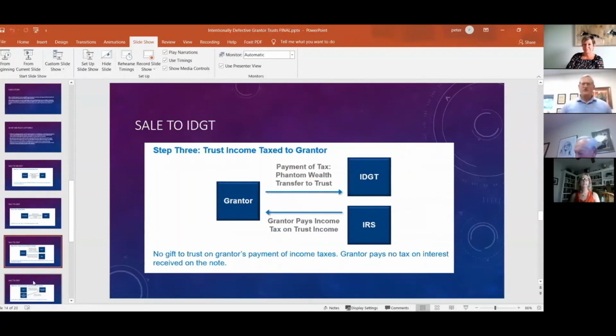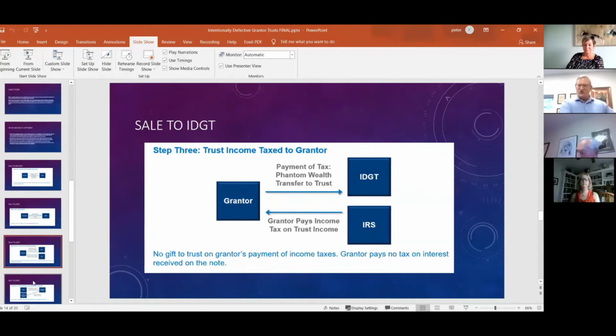So now that the asset is in the trust, we've got cash flow that's in there. The tax liability or tax responsibility for that cash flow comes back to the grantor. So the grantor then has two choices.